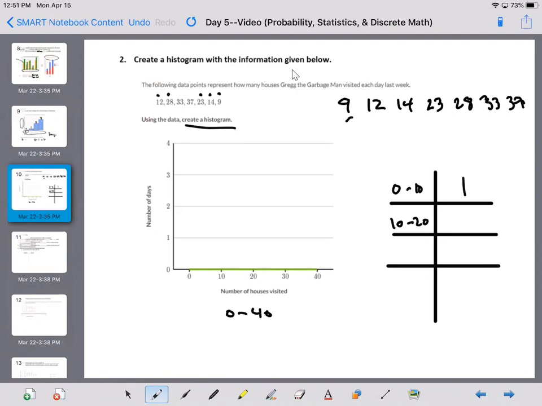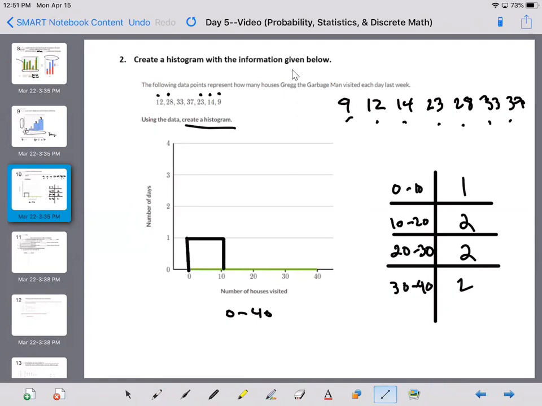And it looks like there's 2 of those. And then the 20 to 30 range, I've got 2. And then the 30 to 40 range, I've got 2. So therefore, when you look at scoring that, or putting it into a histogram, 0 to 10, I will just make my bar.